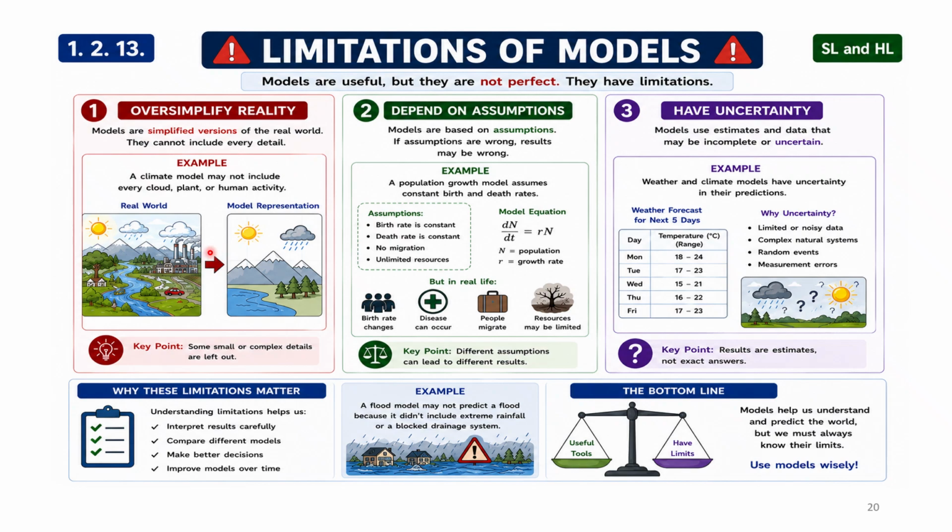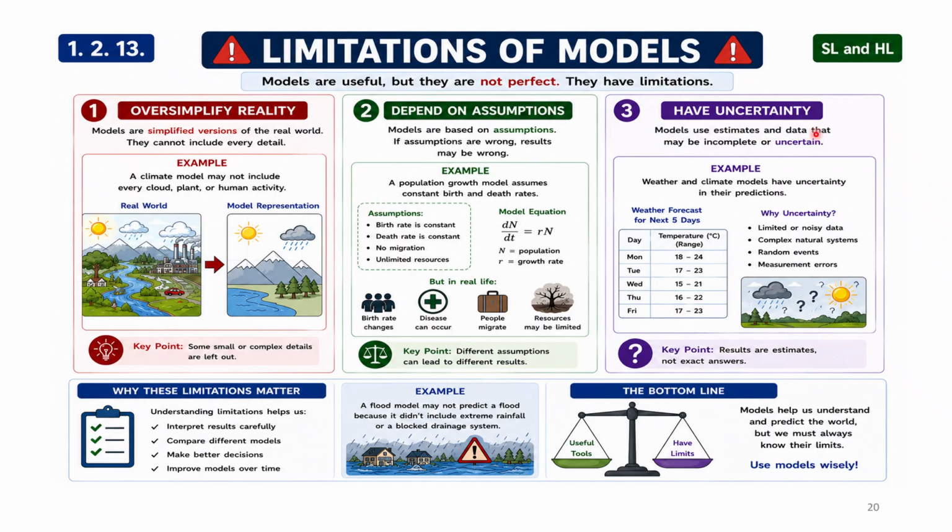For example, a climate model cannot include every cloud, tree, or human activity on Earth. Second, models depend on assumptions. A population growth model may assume constant birth and death rates, but in reality, disease outbreaks, migration, or resource shortages can change these rates and produce different outcomes.